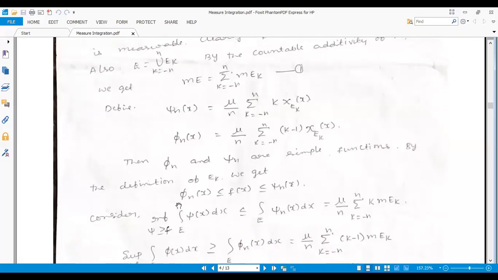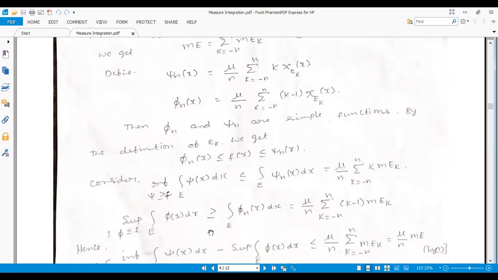Then, applying the infimum of psi, which is greater than or equal to f, the integral upon E of psi x dx is less than or equal to the integral upon E of psi n x dx. With respect to E, that is mu by n summation k chi E of x, which is a measurable characteristic function, this can be represented as the measure of Ek.